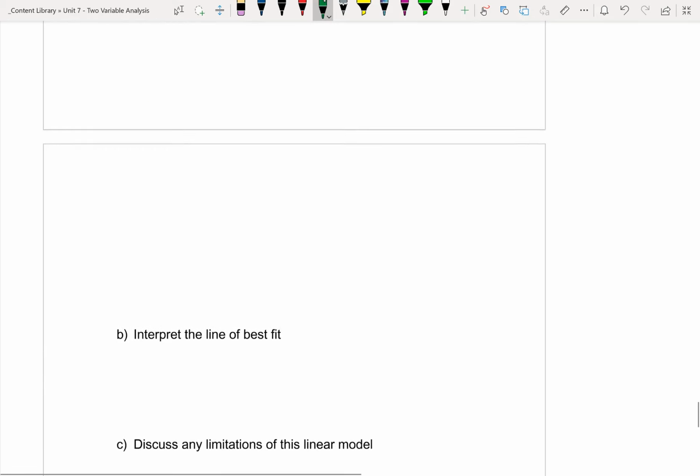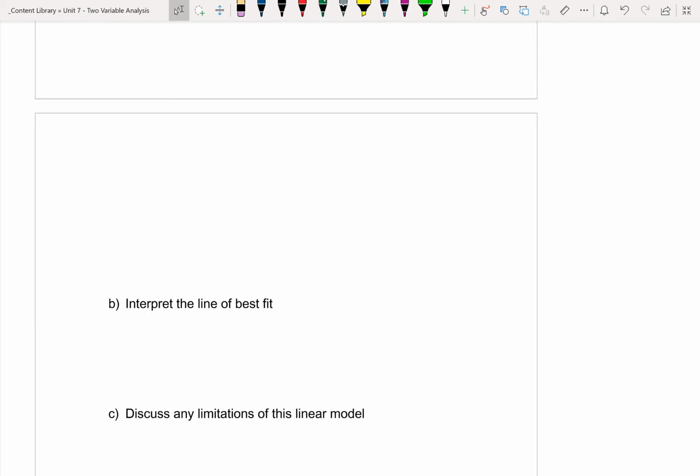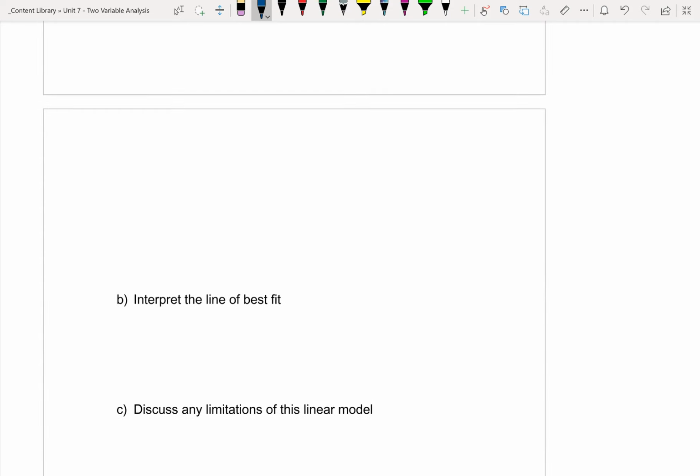If we want to interpret the line of best fit, we could say it's positive. We could say it's a strong correlation. We could also determine what the actual equation is. Because it's a line of best fit, it's y equals mx plus b. Our b value, we can tell, is 0 based on the graph. The y-intercept is 0.